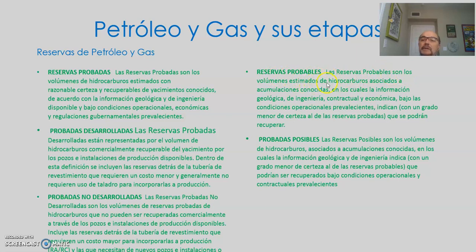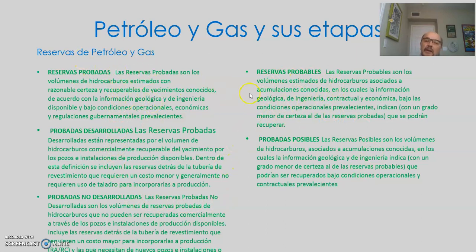These are the volumes of estimated hydrocarbon associated with a known accumulation, but the geology and today's economics do not make it possible to produce them. We need too much information to make it go across this process.